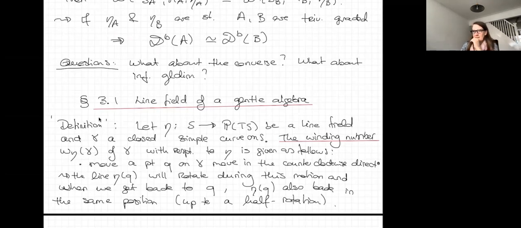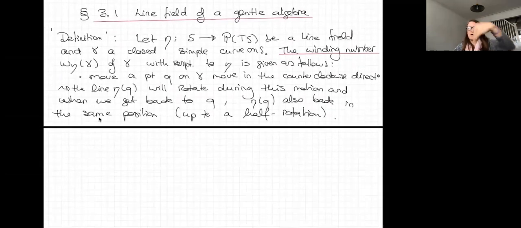Now the winding number is counting the number of half rotations in the clockwise and anti-clockwise direction.